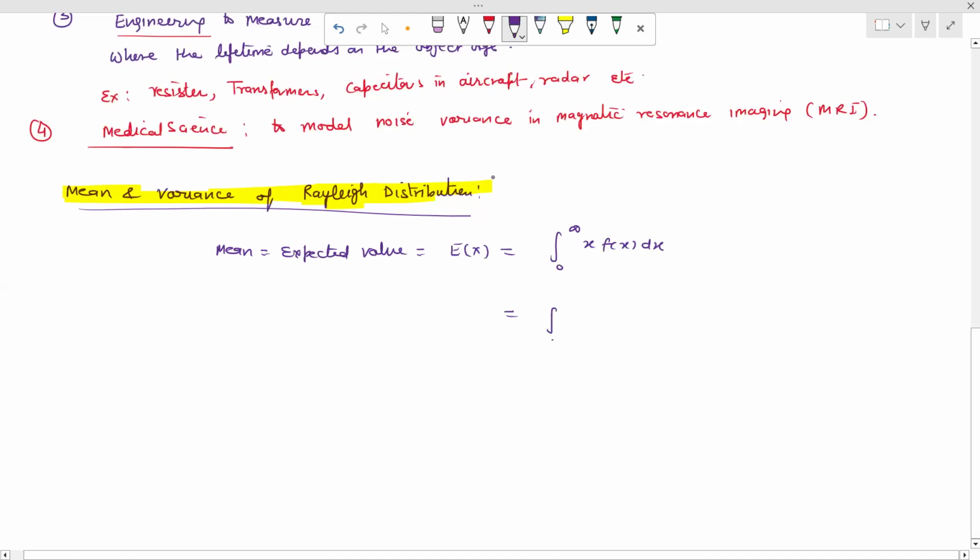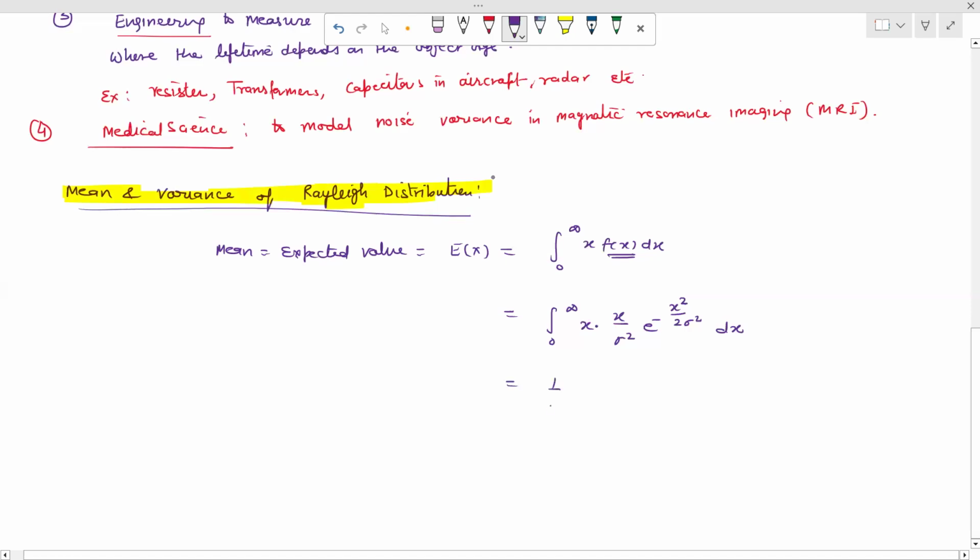The PDF of this Rayleigh distribution is x upon sigma square e raised to the power minus x square upon 2 sigma square, into dx. Now we integrate this.